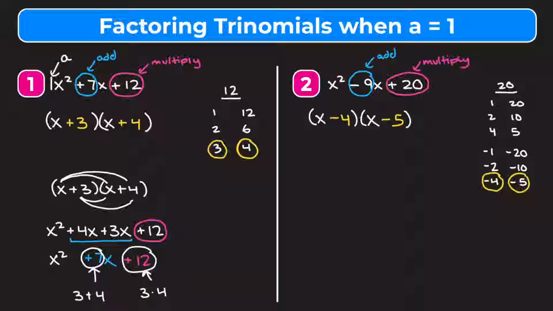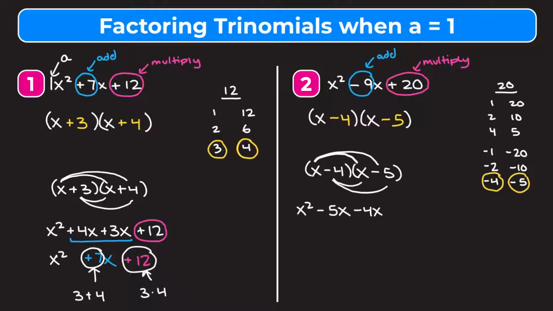The nice thing about factoring is that you can always check your answer by refoiling out what you get. So let's go ahead and do that down here. We're going to check our answer by multiplying x minus 4 by x minus 5. We multiply x by x to get x squared, multiply x by minus 5 to get a minus 5x, multiply minus 4 by x to get a minus 4x, and multiply a negative 4 and a negative 5 to get a positive 20.